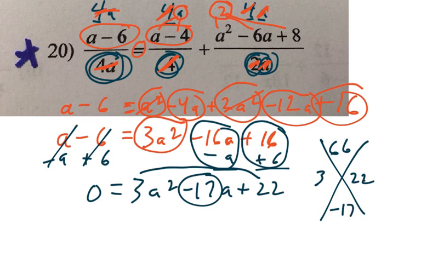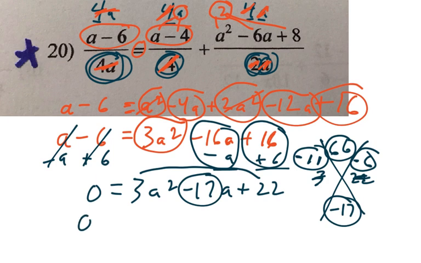Now, 22 and 3 do not make 17, so I need another combination that makes 17. How about 6 times 11 for 66? And now all I need to do is negative, negative to get negative 17. And I want to remind you, we will do this in class when I come back tomorrow and throughout the week. You can always use your calculator to divide until you find the right combination of numbers.